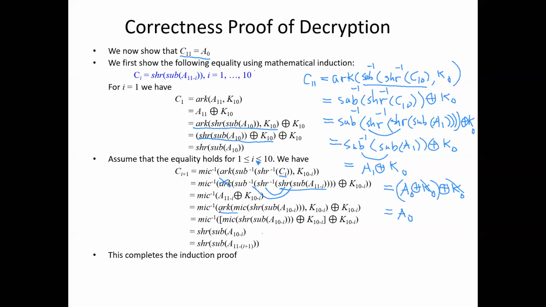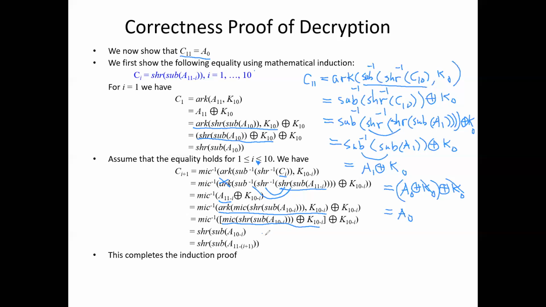That is obtained from this part. So you remove this add round key, you get down to this. So this and that is the same.